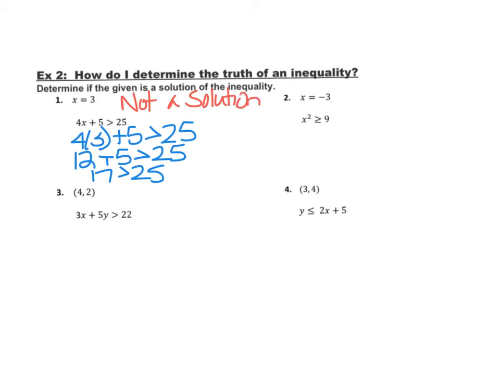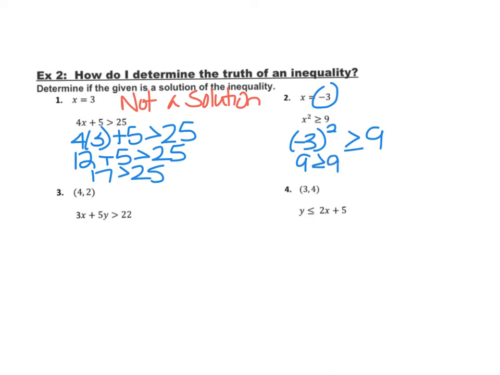All right, our next one, we have x is equal to -3, and we have x squared is greater than or equal to 9. Remember that when you have a variable that is assigned a negative number, bring it in with the parentheses on it, because that's different than if it didn't have the parentheses. So -3 squared, it's -3 times -3, which is 9, greater than or equal to 9.